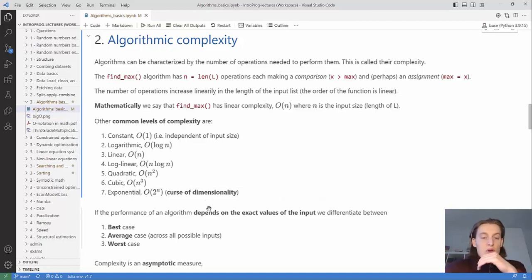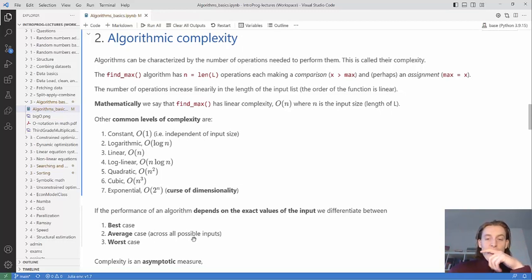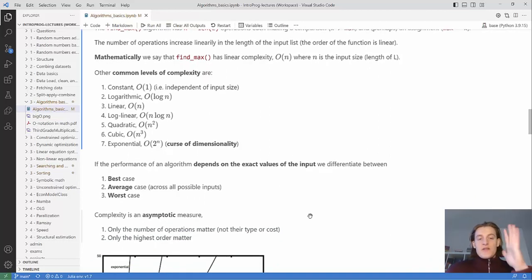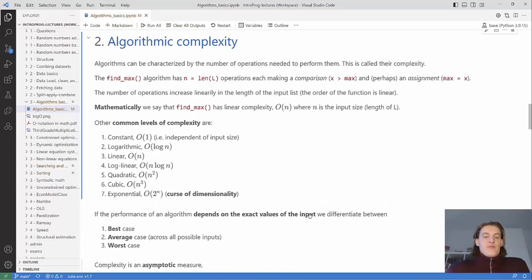With something exponential, it just explodes very fast as the input size increases. And there are different ways to talk about this, because algorithms can of course be complex, and that complexity changes because of that.